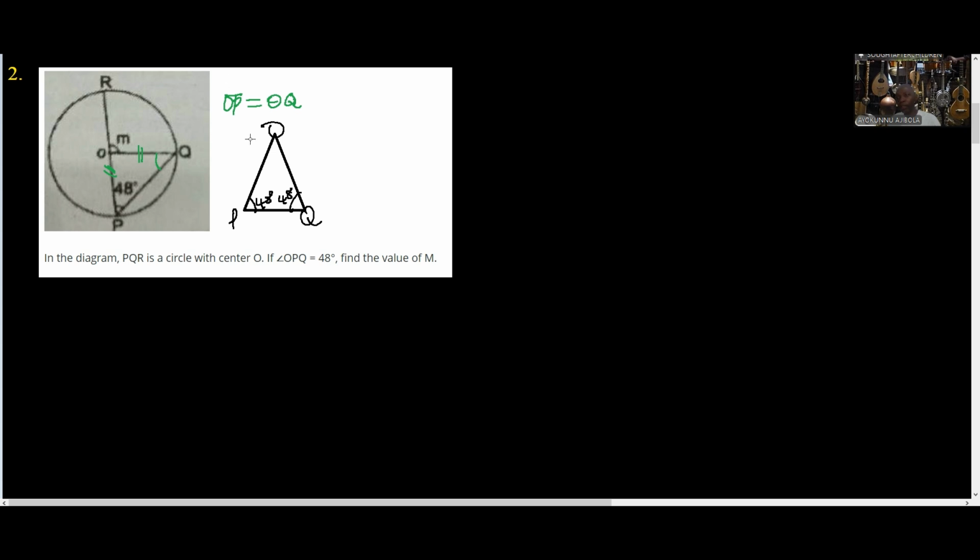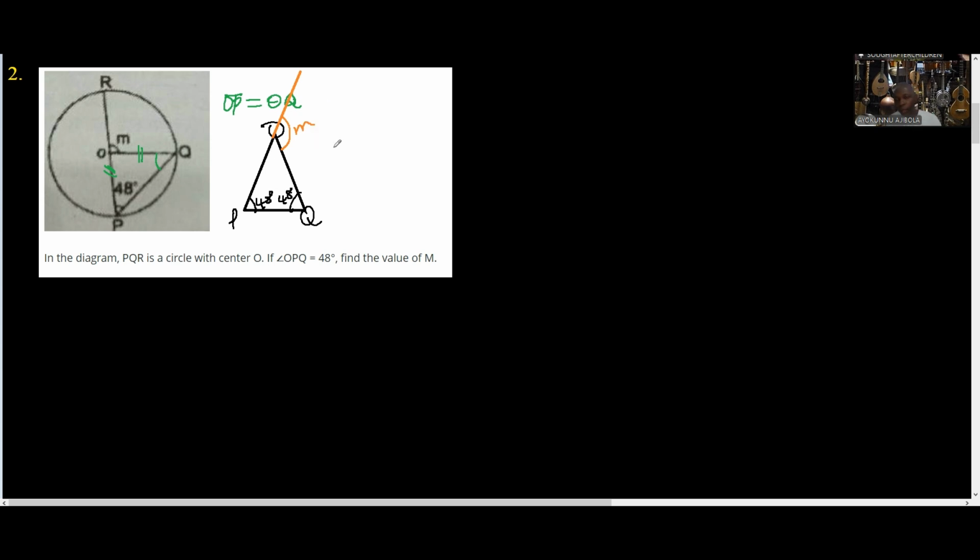And if this line extends upward, it's going to be the line that contains the M. Okay, is that clear? So this is going to be the M you're looking for.